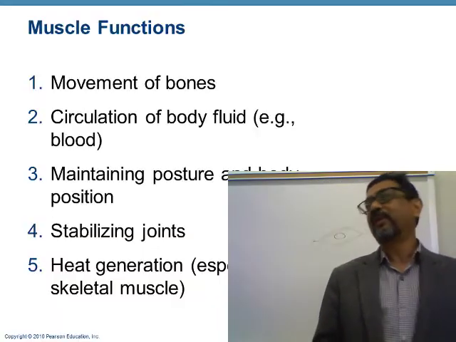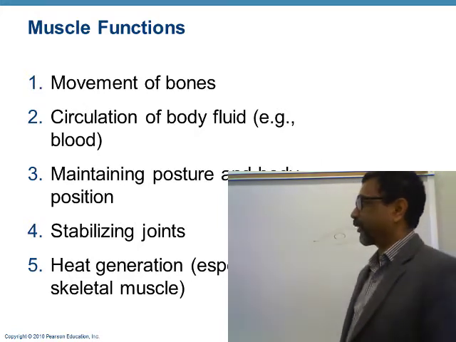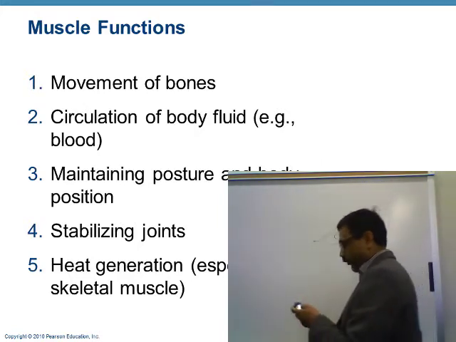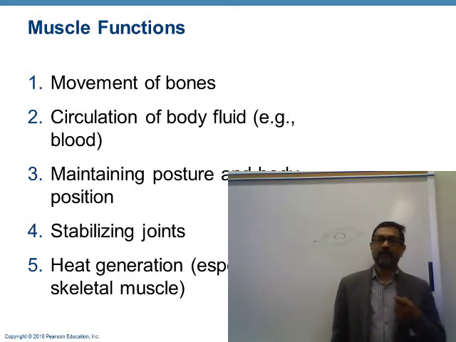Functions of muscle. Movement of bones. You all know that skeletal muscles are attached to the bones, and by the contraction of the skeletal muscles, we move our bones in different directions. That is the movement. Circulation of fluid.